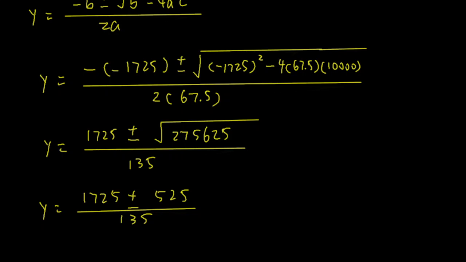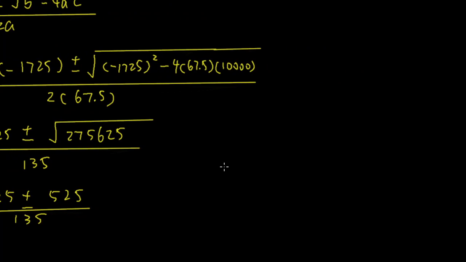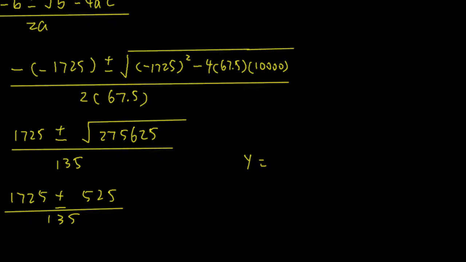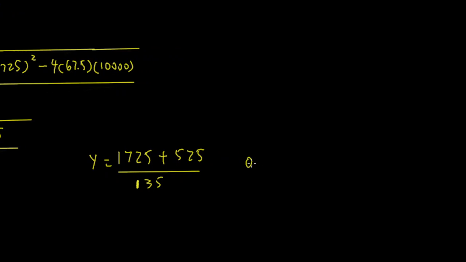Let me write it here. One of them would be y equals 1725 plus 525, all divided by 135. And the other one is y equals 1725 minus 525 divided by 135.